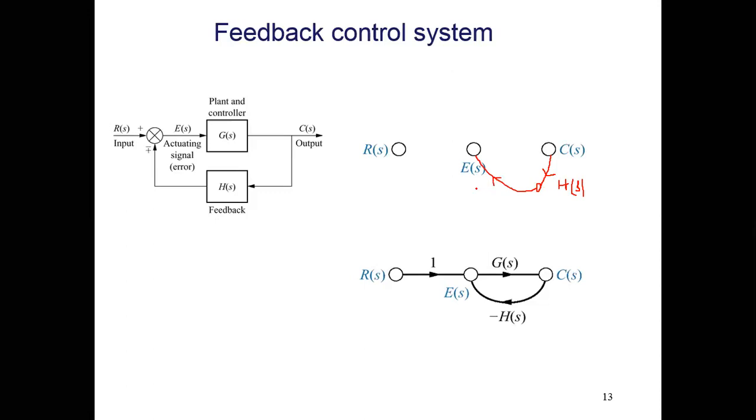Because mostly feedback is negative, we write a negative sign, -1. So these two are simplified in one branch, and it is written as minus H of S.